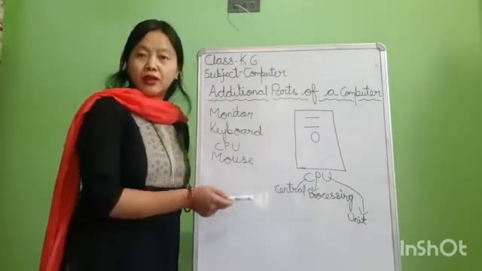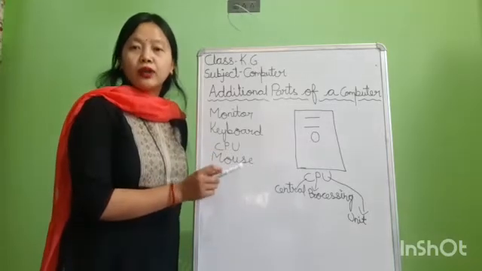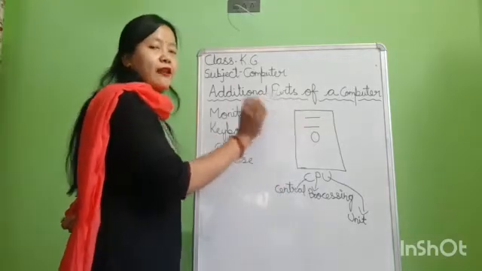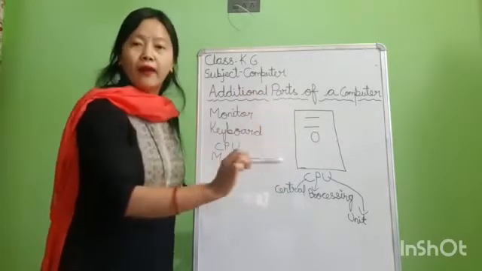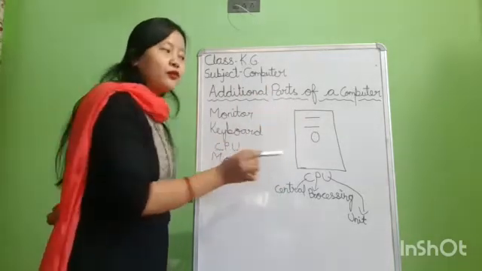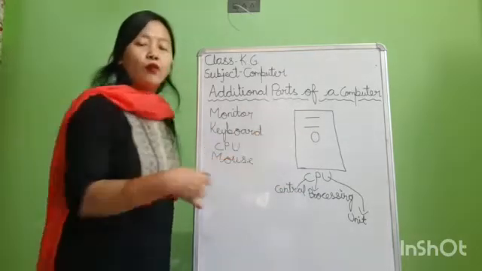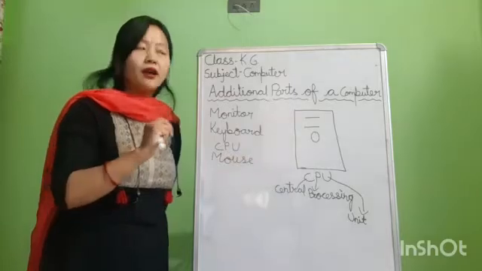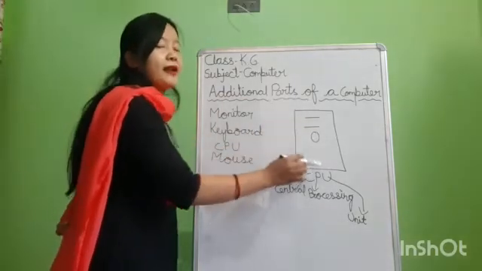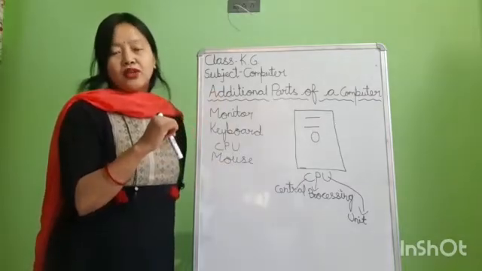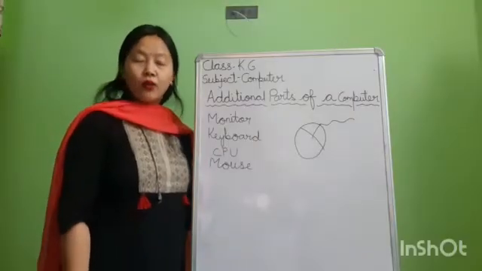Whatever instructions and commands we give to the computer, first CPU processes it, then shows the result on the monitor. That is why CPU is the main part of the computer. Okay, children?